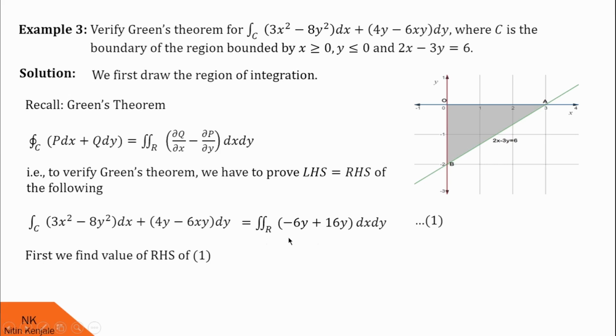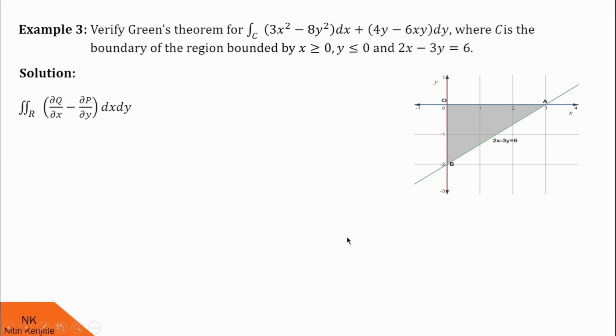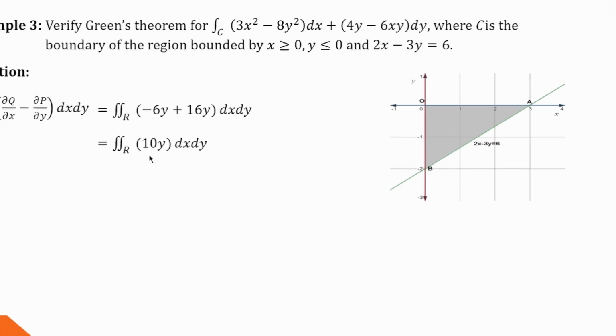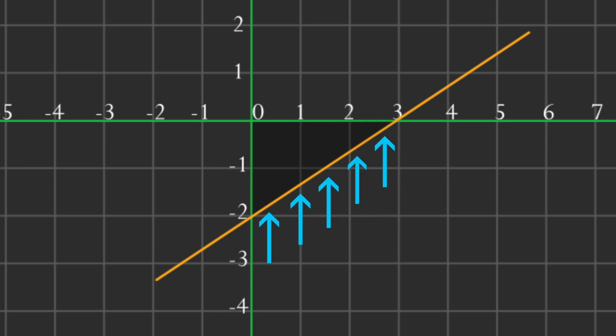Let us proceed with this RHS part, which is the double integration of ∂Q/∂x minus ∂P/∂y. Now to find the limits of this double integral, once again I am going to use Arjuna's throwing arrow technique. This time I am going to use the dy dx order of evaluation. So Arjuna will throw arrows parallel to the y-axis from bottom to top.